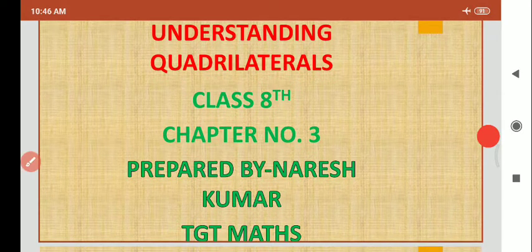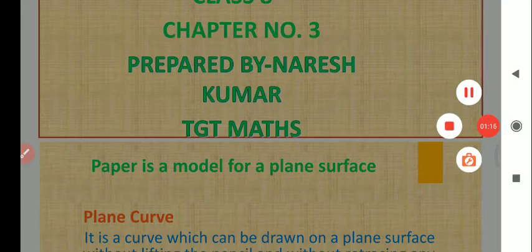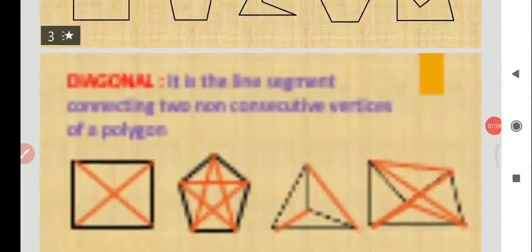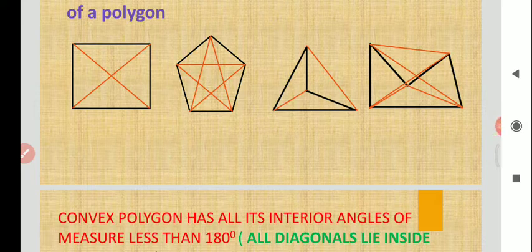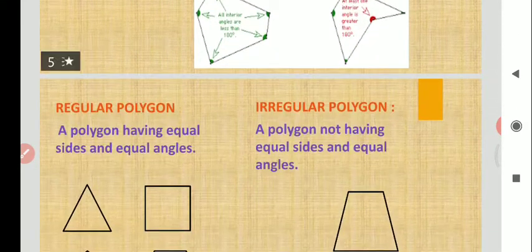Understand? So now we will start. First we will discuss what a quadrilateral is and the different types of quadrilaterals. First, we will discuss a small PPT made by me, and I think it will help you.